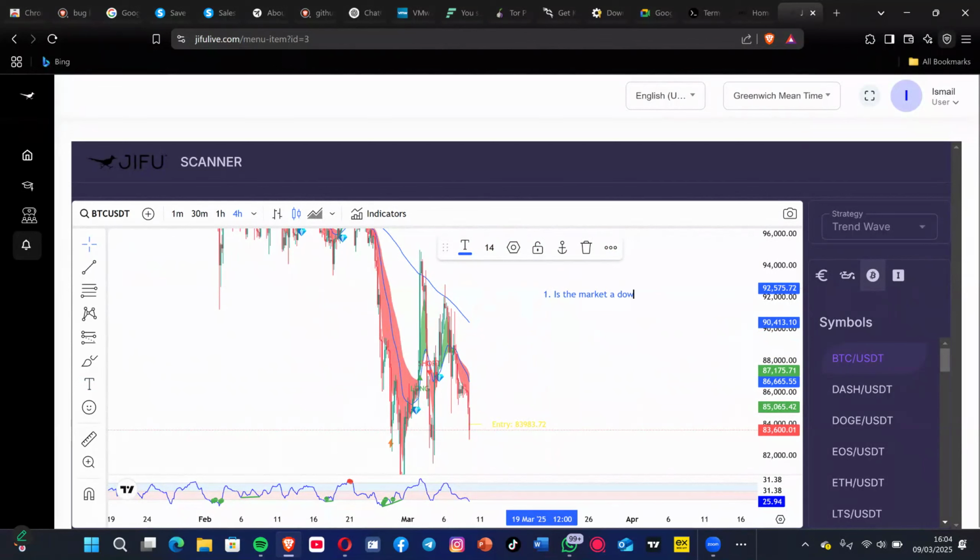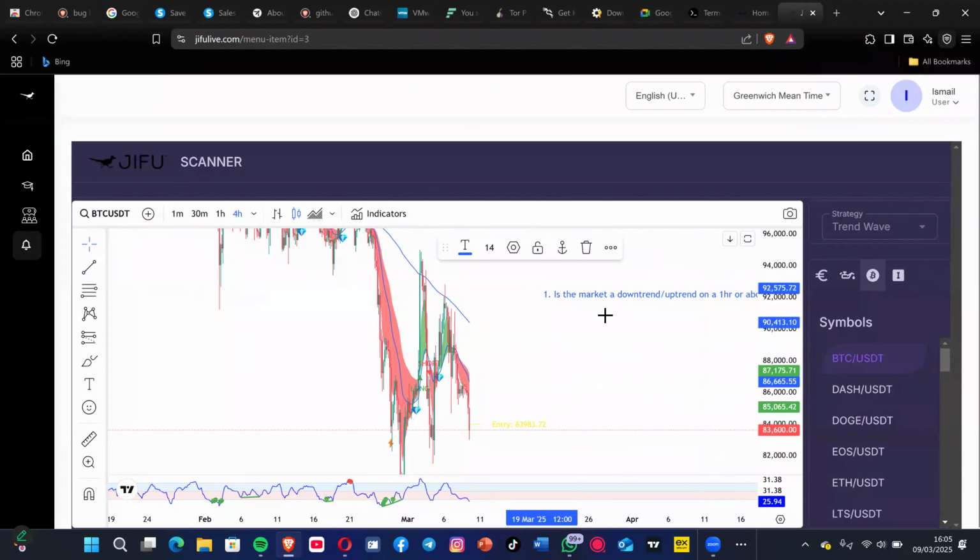Is it a downtrend or uptrend? On a higher time frame, on 1 hour or above. TF, that's time frame, okay? That's the first thing you want to ask yourself.